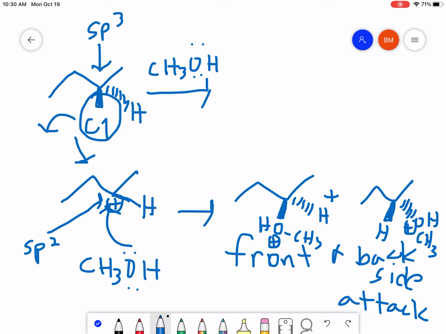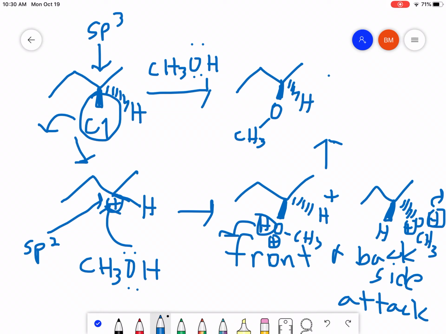Okay. And the last thing that happens is that you'll deprotonate each one of these, and you'll end up with a mixture of stereoisomers. You get that, and this.